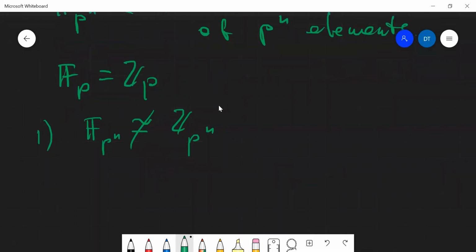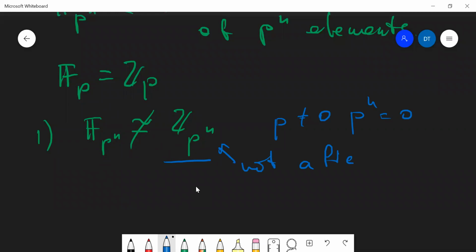Why? Well, we know the right-hand side contains zero divisors. For example, if you take element p, then p is not 0, but p to the n is 0. It's nilpotent, but it's not invertible. So this is not a field, if n is greater than 1.